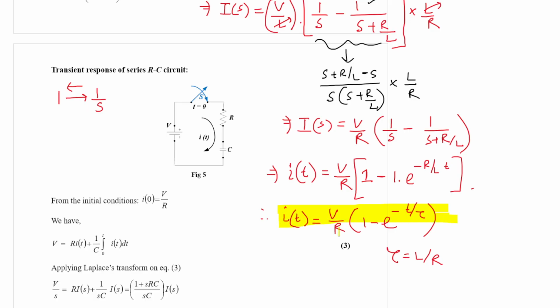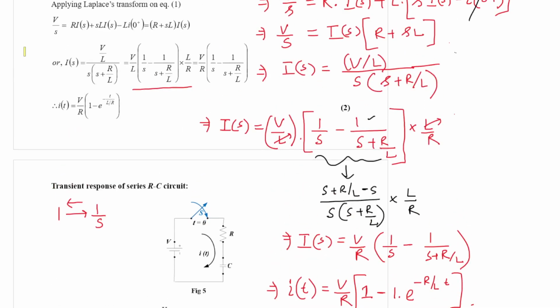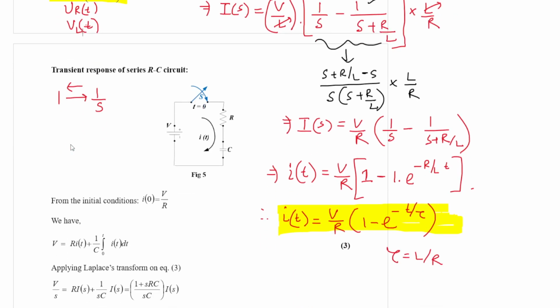What is i(t)? i(t) is equal to V by R into 1 minus e to the power minus t by tau. So we have solved exactly this thing. And from there, if you are interested, you can solve what will be VR(t) and what will be VL(t). You will get the same expressions. Now moving on.